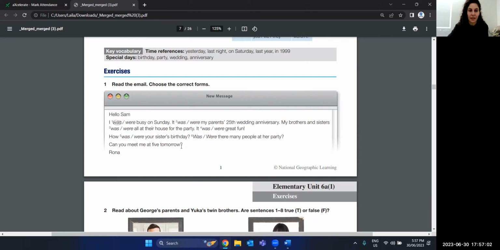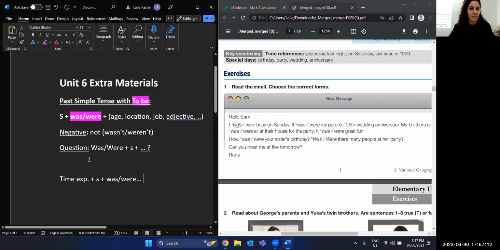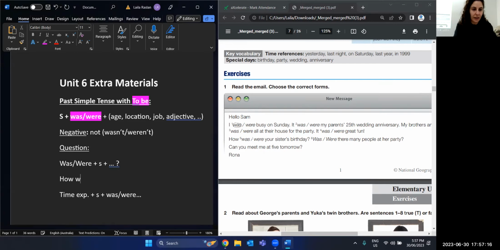Can we meet at 5 tomorrow? So this is a response to the message above. So let's just add some notes. We saw how was is a way to ask a question. So how was... So that's another way to ask a question.